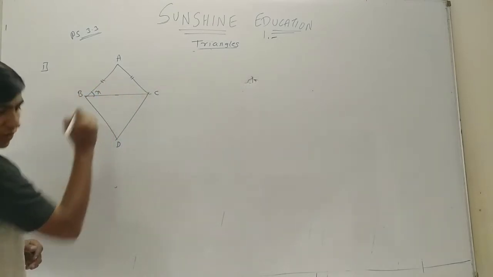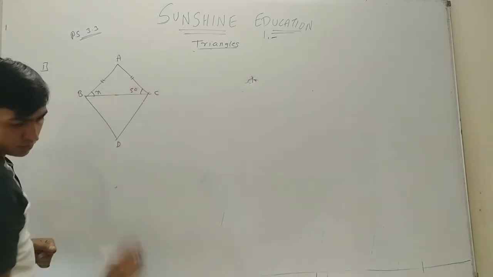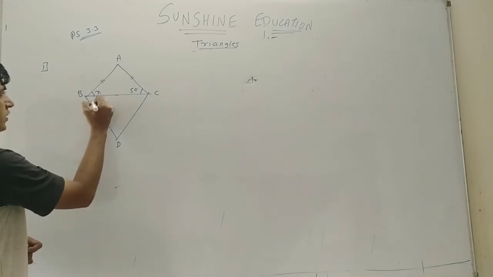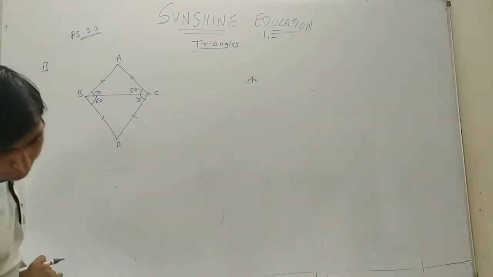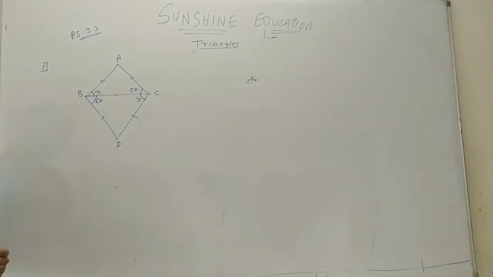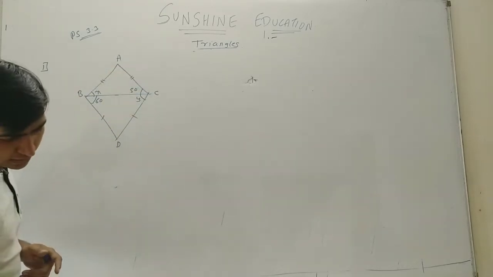We need to find the value of x. This is 50 degrees, this is 60 degrees, this is y, and these two sides are also equal. Find the measure of angle ABD. We also need to find the measure of angle ACD.